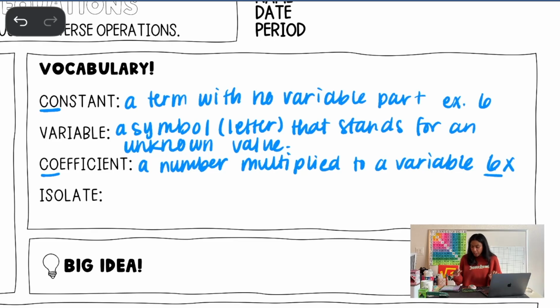And today we are going to introduce a new word. That word is isolate. We're going to be talking about isolating variables quite a bit when we solve equations. And so I wanted to make sure that we included this one. When we are isolating a variable, when we are solving an equation, what we are basically doing is manipulating the equation.